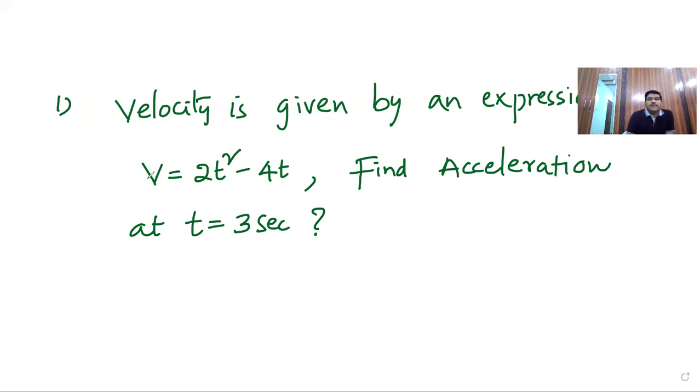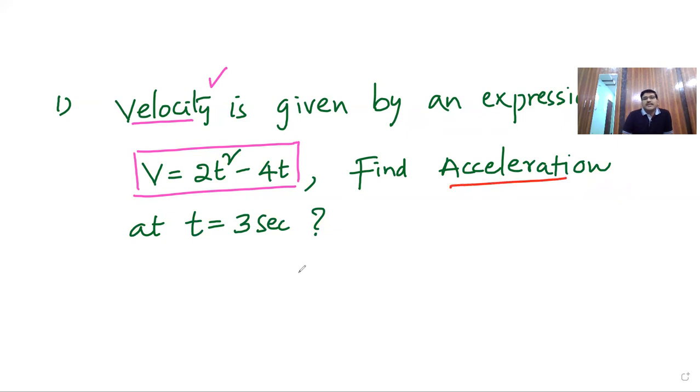Observe the problem carefully. This is the velocity expression, V in terms of t, mathematically given. Now we are asked to find the acceleration where t is equal to 3 seconds. That means acceleration is asked at a particular instant of time, t is equal to 3 seconds. Time is very, very small at that particular instant.